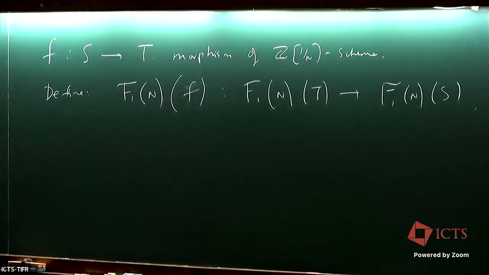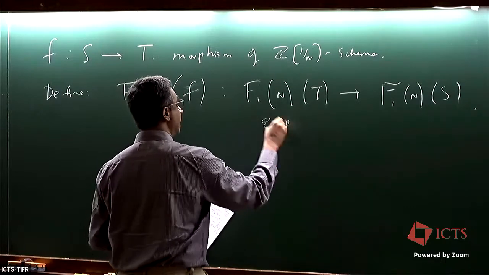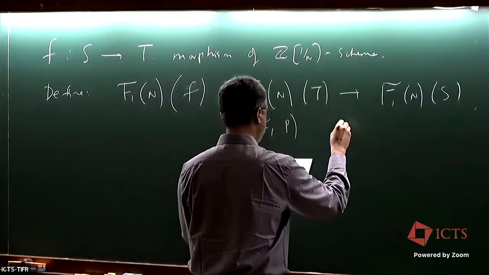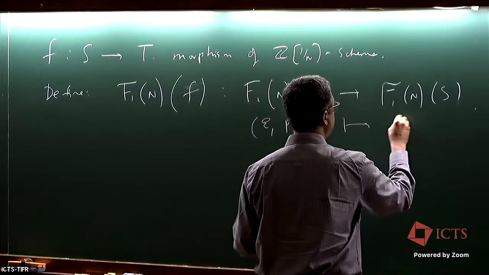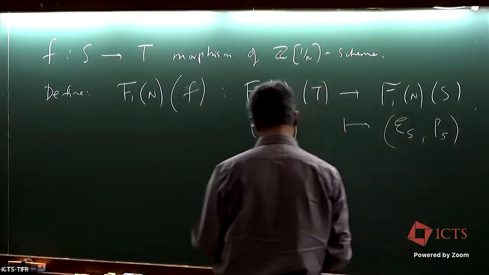It's flipping arrows, taking (E, P) to this particular elliptic curve with this point of order n.